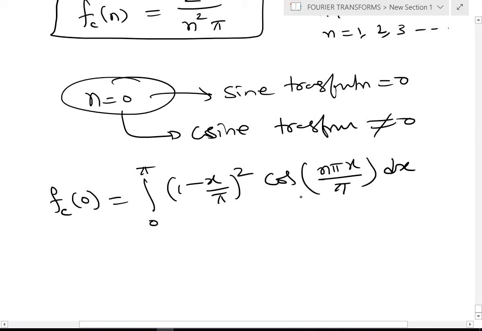So pi will cancel. I have nx, but I am substituting n is equal to 0. n is equal to 0 I substitute, but cos of the entire thing with 0, cos 0 will be 1.